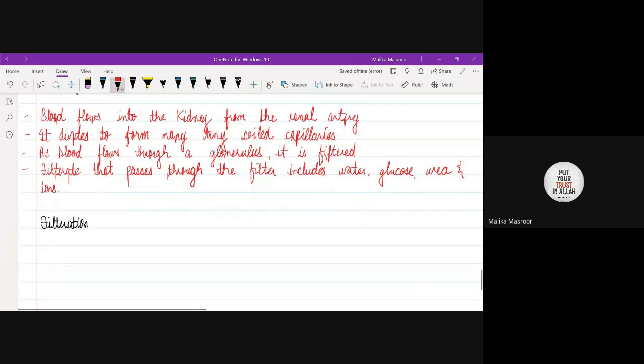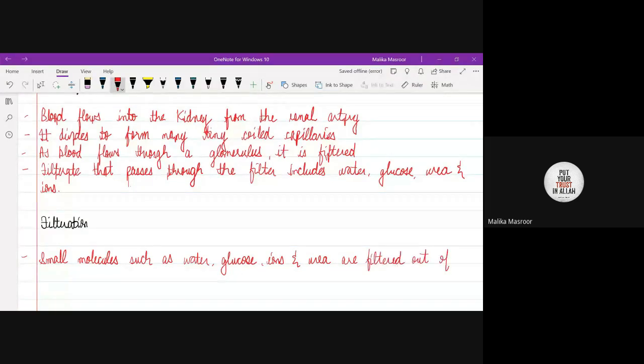The small molecules, such as water, glucose, ions, and urea, are filtered out of the blood into the nephron.